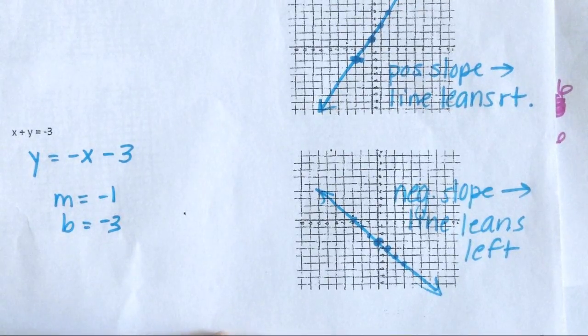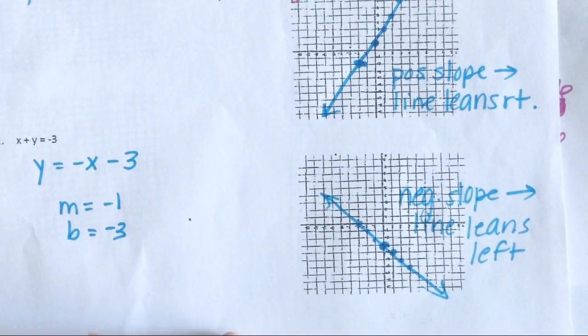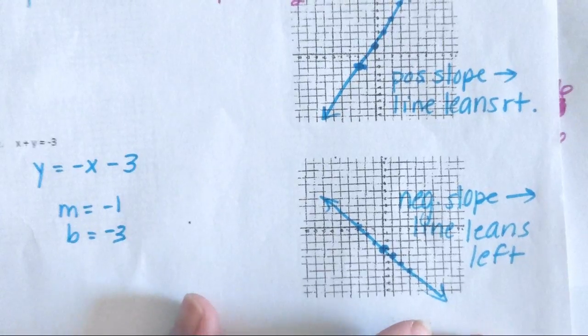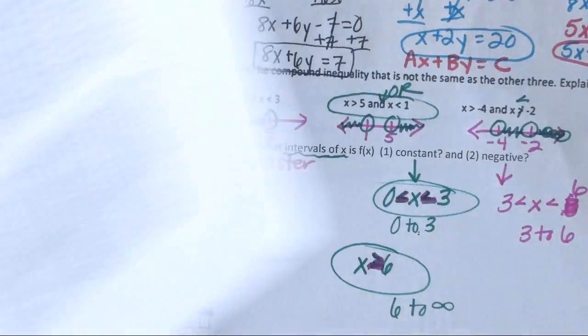Okay. Is there anyone who needs my help with this? Anyone confused on graphing? I only have a couple left, and then you've got quite a few of your own. Okay, flip to the back.